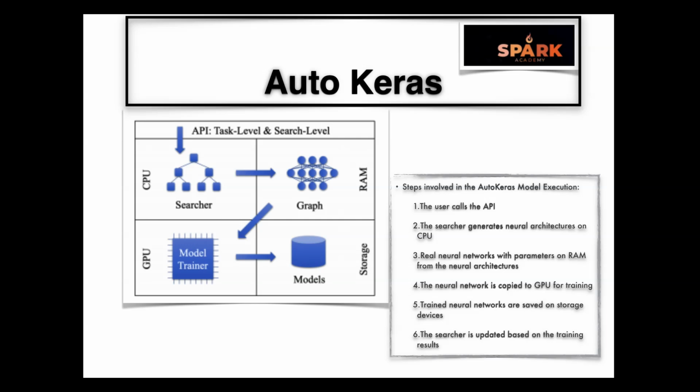Then the neural network is copied to the GPU for training. So you can see in the third quadrant, that's where your model is getting copied for GPU training. If it's a CPU, probably you're doing it on the CPU, but normally you're not going to run big AutoKeras models on a CPU. Trained neural networks are saved on storage devices. That's the fourth quadrant, and the searcher is updated based on the training results.